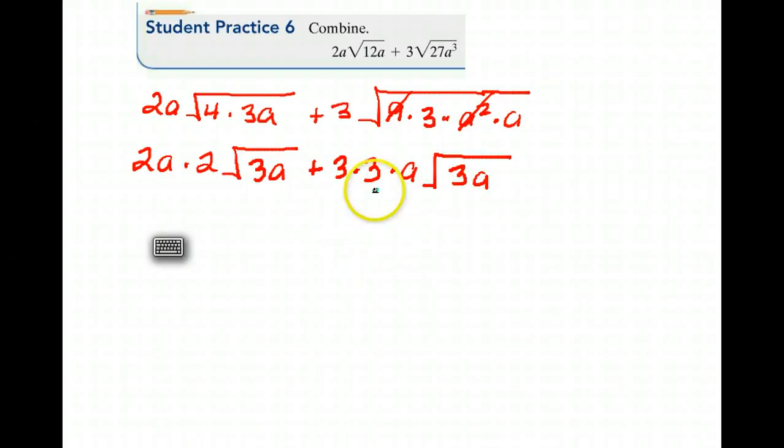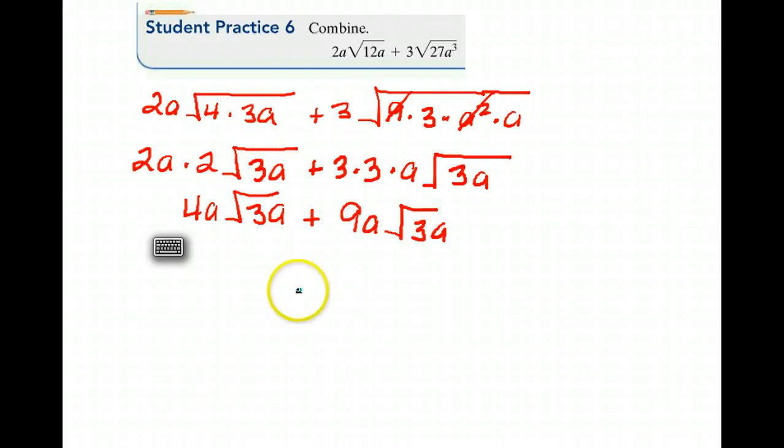We can now start to multiply our coefficients. So 2a times 2 is 4a root 3a plus 9a root 3a. Add as your final step since we have like radicals, and we should have 13a root 3a.